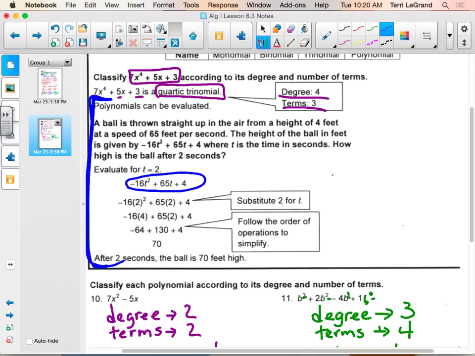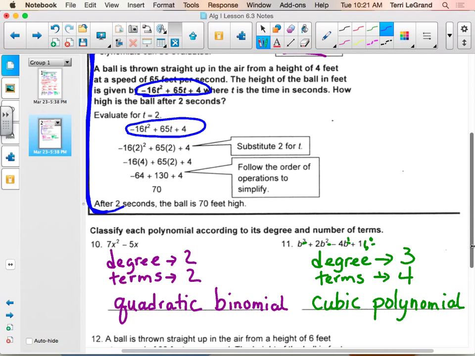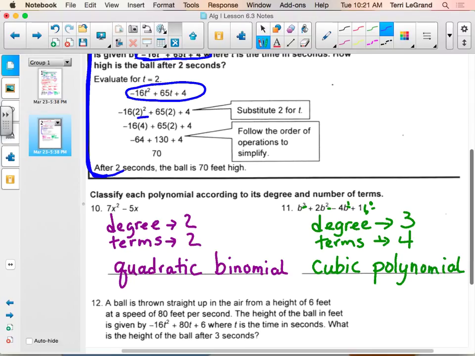The height of the ball is given by the polynomial negative 16t squared plus 65t plus 4, where t is time in seconds. How high is the ball after 2 seconds? Notice they put 2 in for t, in both places there was a t in the polynomial. We have to follow order of operations. Do exponents first, we got 4 from that, and then go back and multiply.